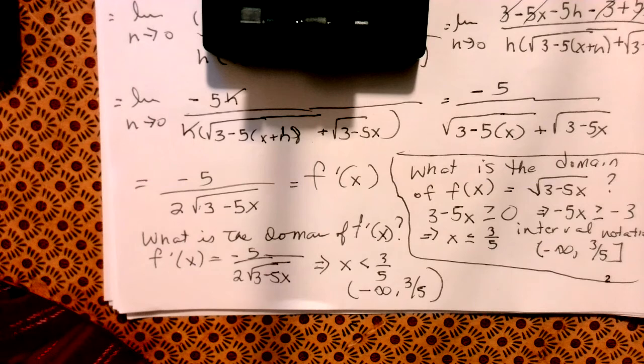So anyways, that's talking about that function f of x and its derivative f prime x, which is also a function. Okay, what else we got? Talk about this page for a second and we'll move on.